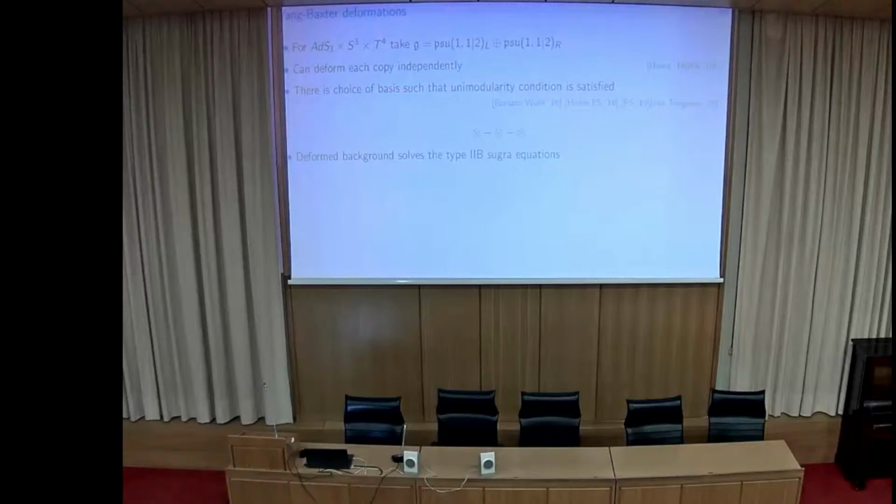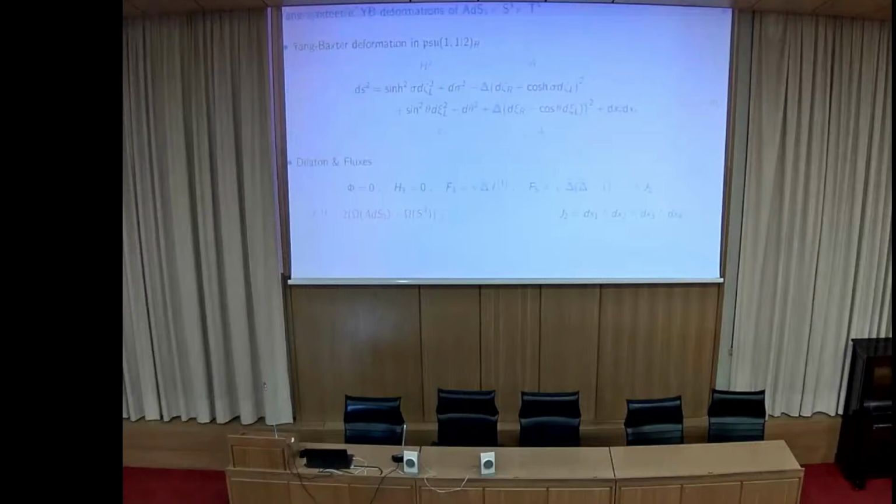One can find a Drinfeld-Jimbo solution such that this unimodularity condition is satisfied. As I said, it depends on the Cartan-Weil basis, and one just needs to take the Cartan-Weil basis of PSU(1,1|2) where all the simple roots are fermionic, associated to this Dynkin diagram. This will ensure that the deformed background also solves the type IIB supergravity equations.